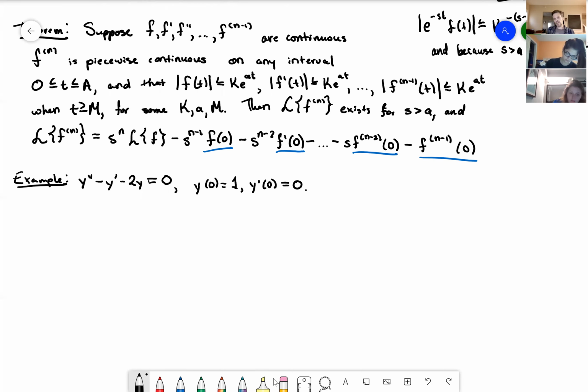This is a problem that we actually already know how to solve. We don't need the Laplace transform for this. So I'm going to take a break to give you a chance to solve this using the tools that you already know. This is like a pop quiz, but you get no credit for it. And I'll return whenever you're done.